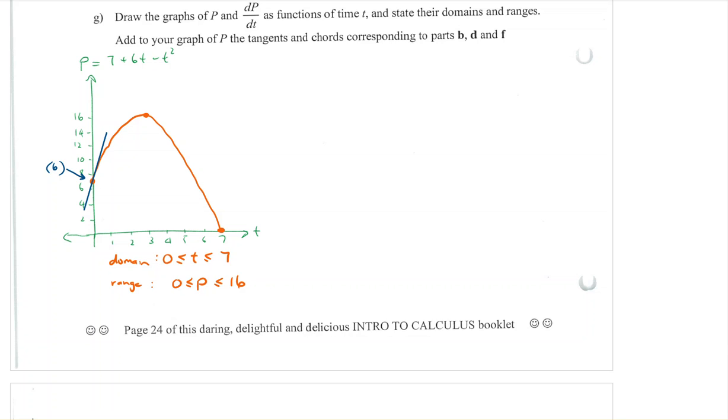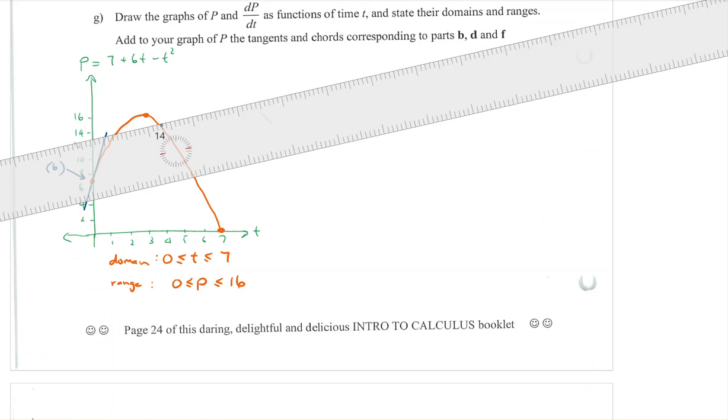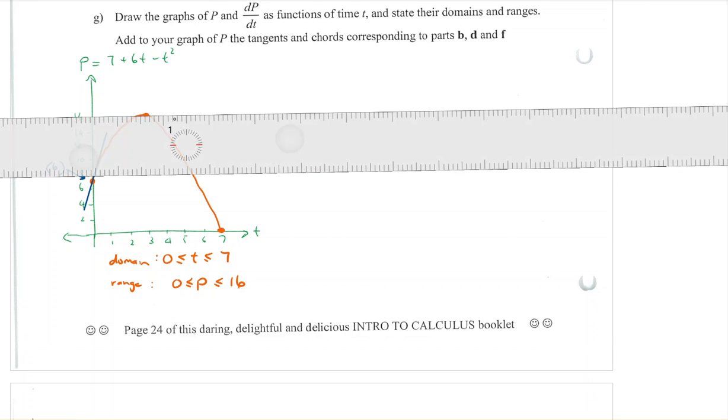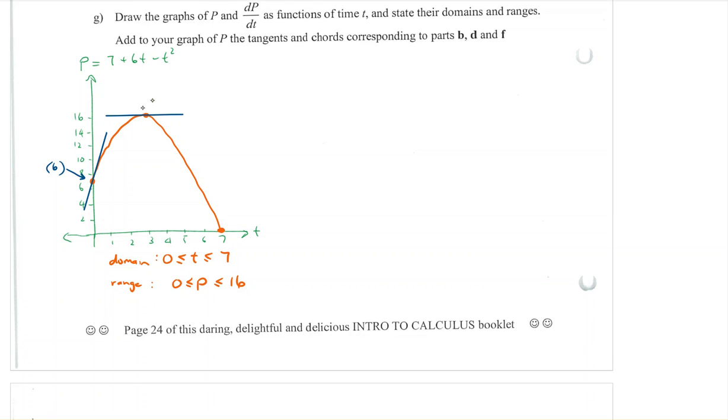Part D was when time equaled 3, because it was finding when the rate was equal to 0, which is going to be right up the top, my turning point. So that one's for D.